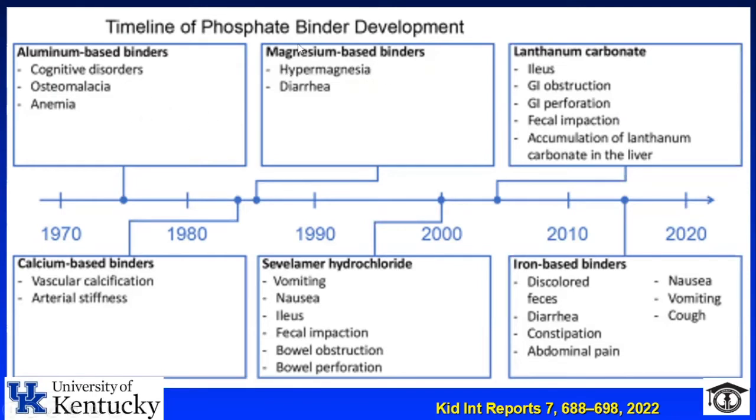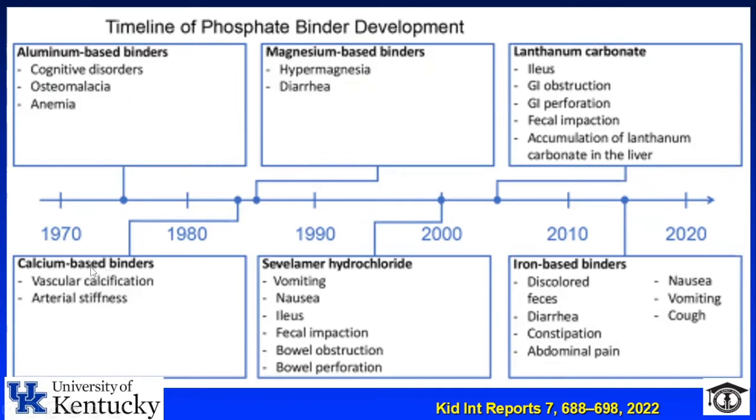Then we didn't talk about magnesium-based binders. There is no FDA-approved magnesium-based binder. However, in practice, we can use magnesium oxide or magnesium hydroxide as a phosphate binder, but it can induce diarrhea. And if you are using mega doses of this magnesium-based binder, it can also induce hypermagnesemia.